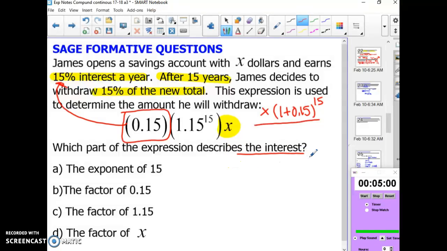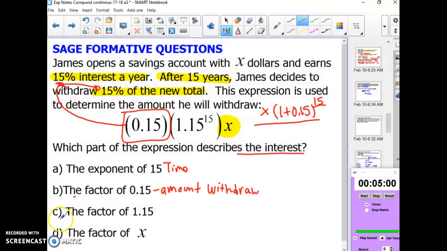So what I know right now is this. It's not this exponent of 15, because that is my time. It's not the factor of this 0.15 out front. That's the amount withdrawn. Right?